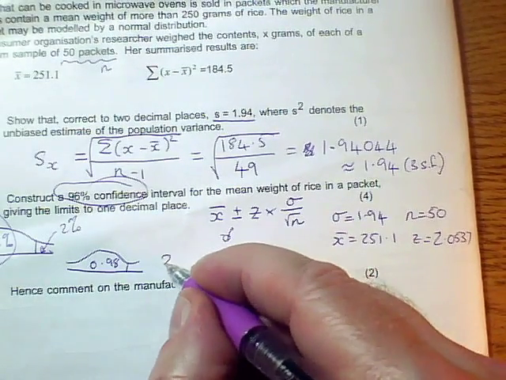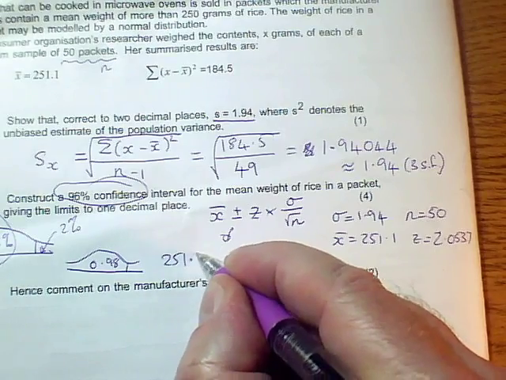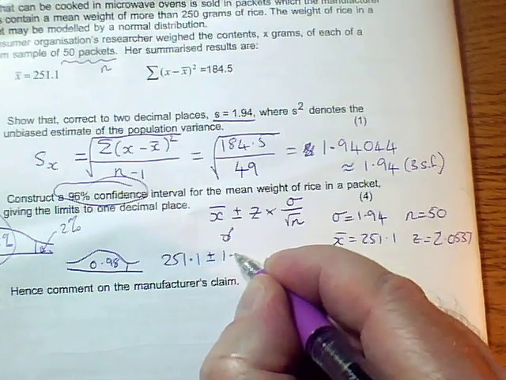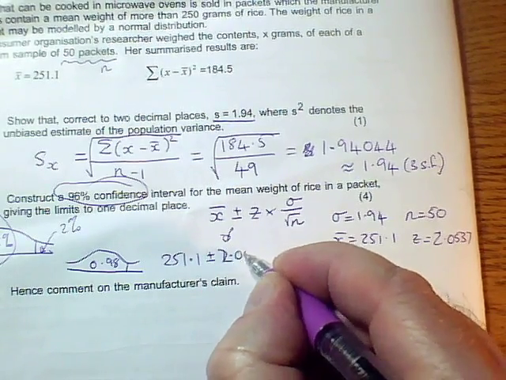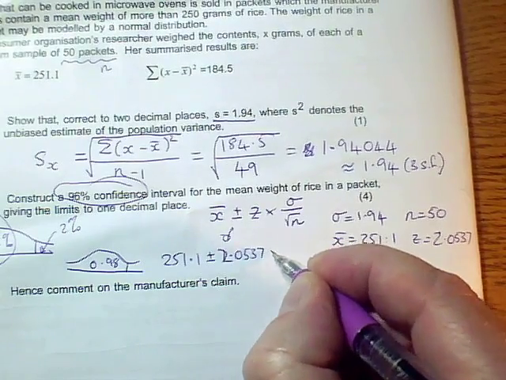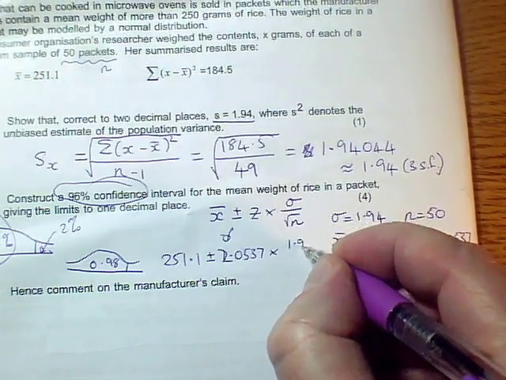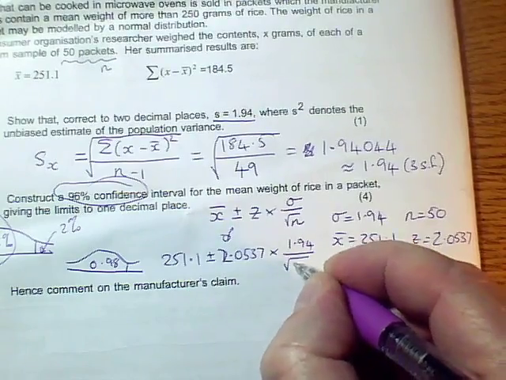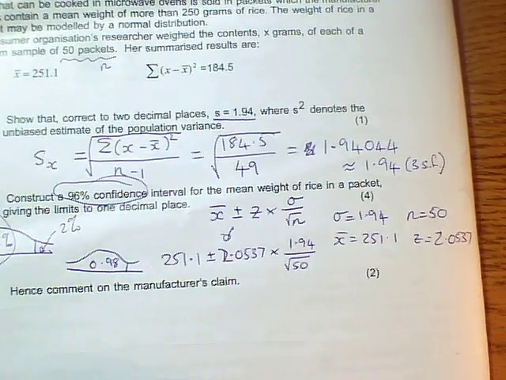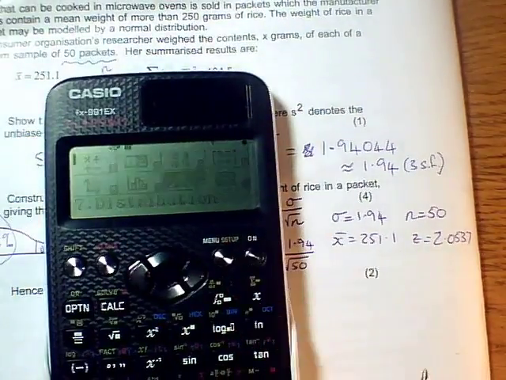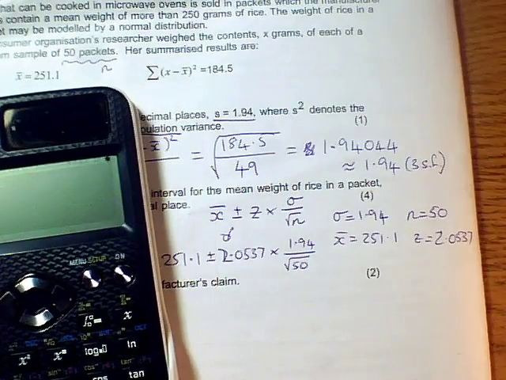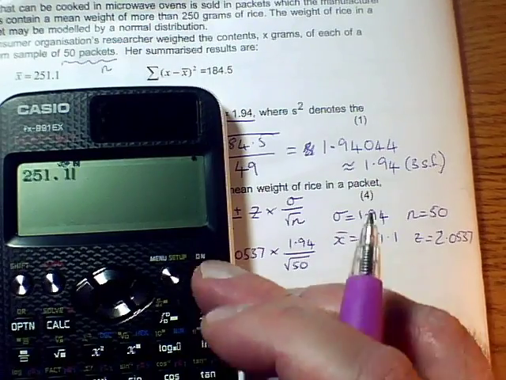So I need to do 251.1 plus or minus 2.0537 times 1.94 over the square root of 50. So if I put all of that into my calculator, let's do the lower limit first.